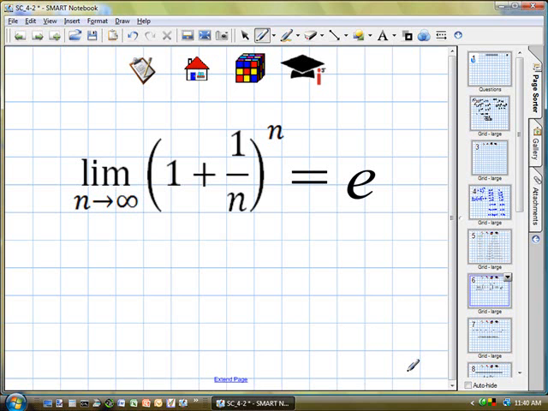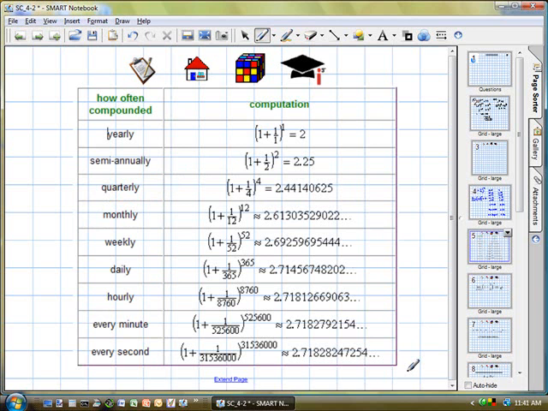That's pretty cool. For natural growth, this one, the natural logarithm base, e, even though it's not very convenient, you can't write it all down very easily, is actually better. And one way to illustrate that is to talk about compounding interest.